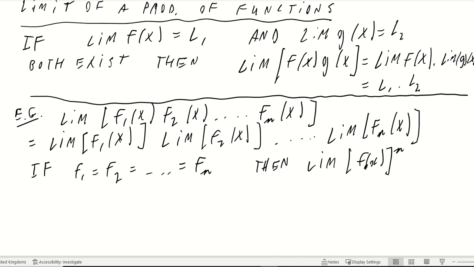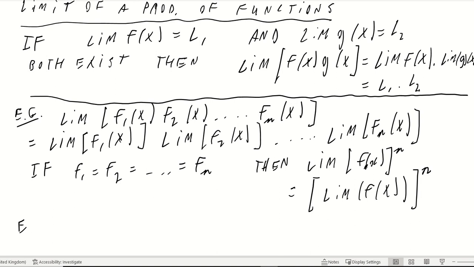It is equal to the limit of f of x, and we just multiply it essentially n times in order to evaluate it.